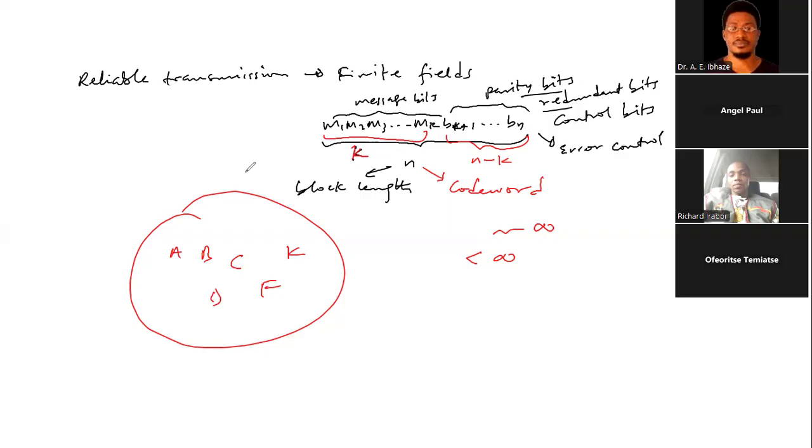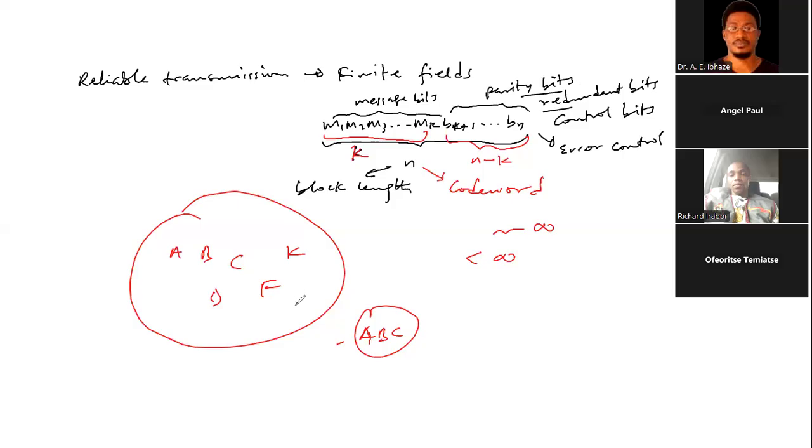We are going to be applying that again. If I decided to transmit with, say, a subset of this, say A, B, C, this is what I decided to use for my transmission. So this ABC is a subset of the larger set that we can use for transmission, and both of them are of finite duration.